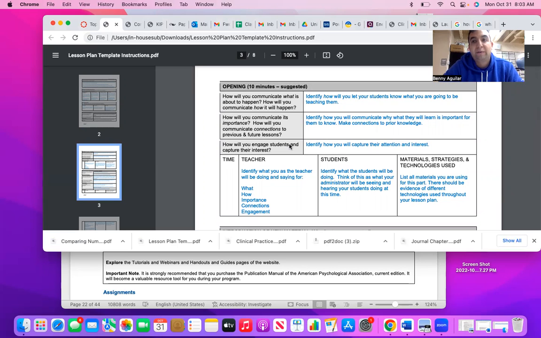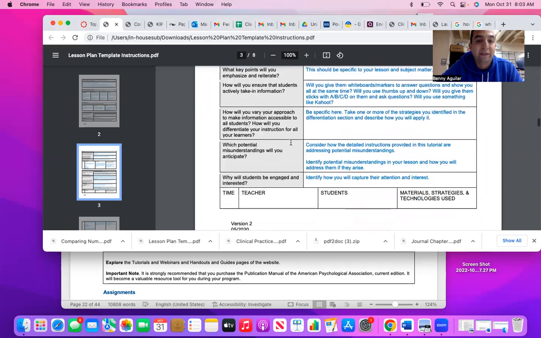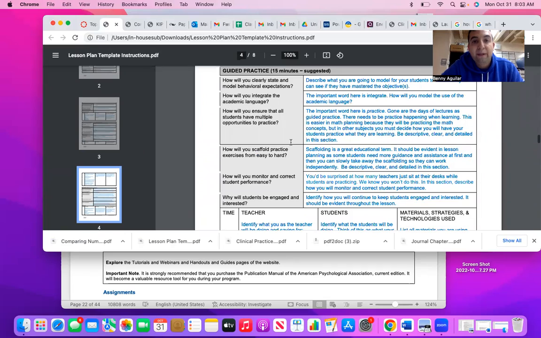So for one question would be how will you define this being a right triangle and how do you know? That way you could see if students have their prior knowledge of this. So sometimes I'll find that difficult because I have to think of a do now that actually correlates to the introduction. That's the way I see it.